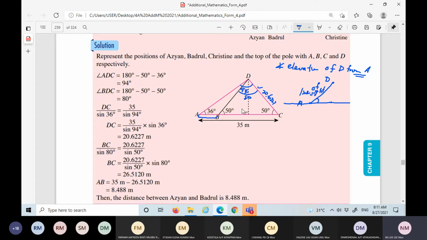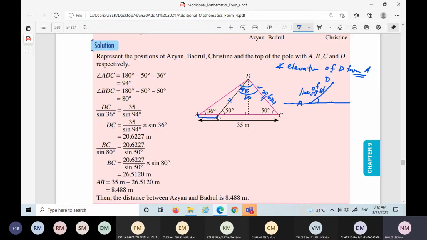You can use another method, because for this smaller obtuse triangle here, you can also use the sine rule to get AB. Why do I say that? Because this one is also 20.6227, the same length.